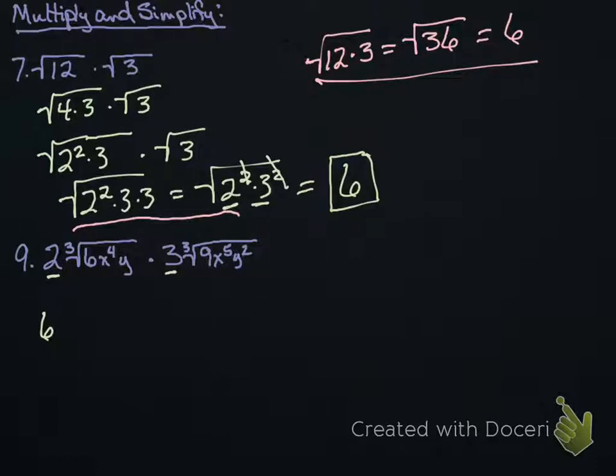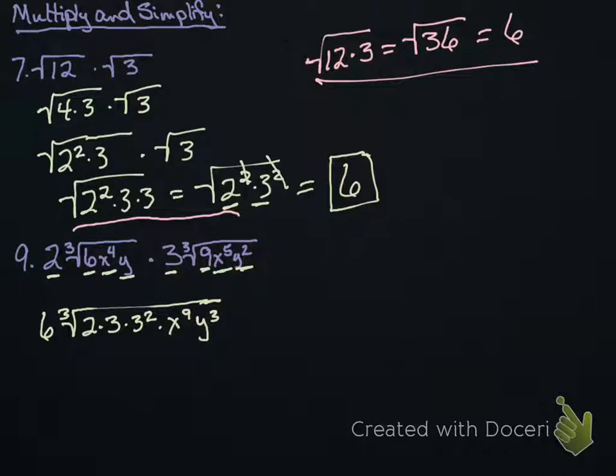And then I'm going to break things down underneath my cube root. 6 is 2 times 3. 9 is 3 squared. Then I have x to the 4th times x to the 5th gives me x to the 9th power. And y times y squared gives me y to the 3rd power.